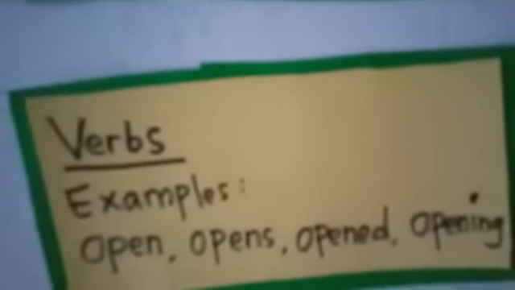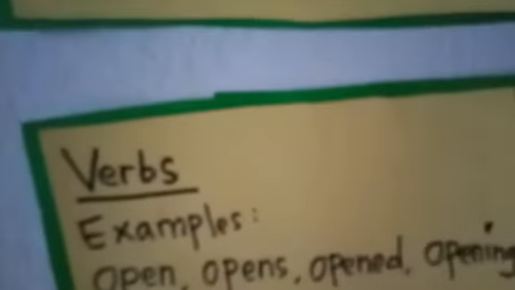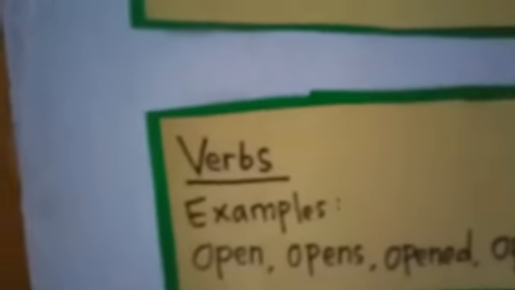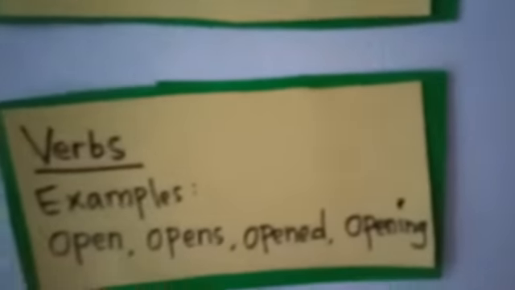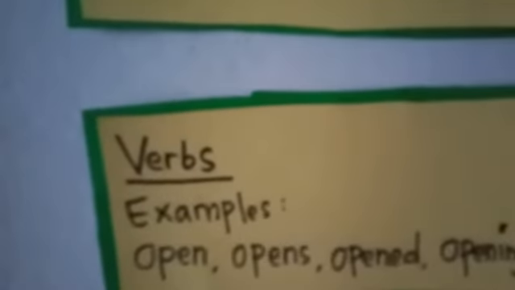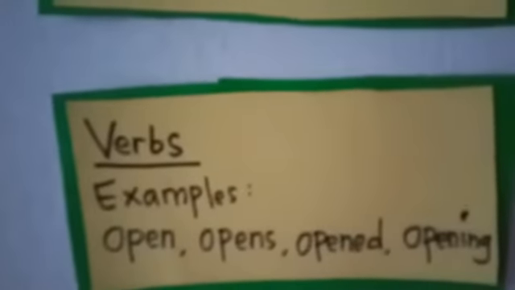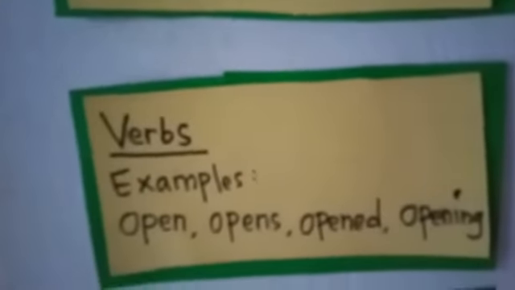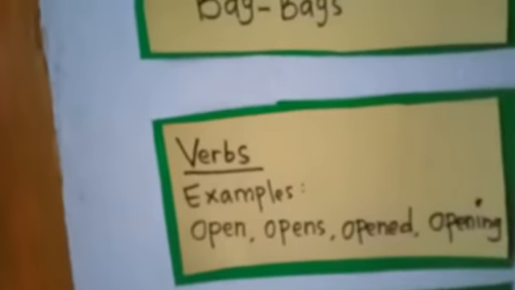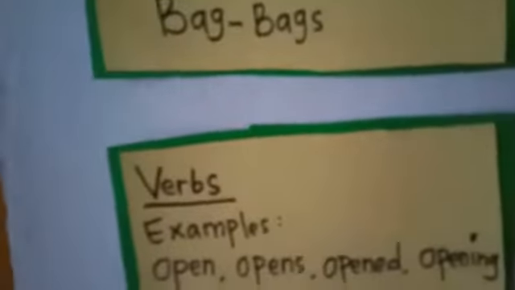And then opened is for the past tense, and also the past participle. And opening is the present participle, or we usually call it present progressive or present continuous tense. This kind of verb 1, verb 2, verb 3, and verb ing is related to inflection.